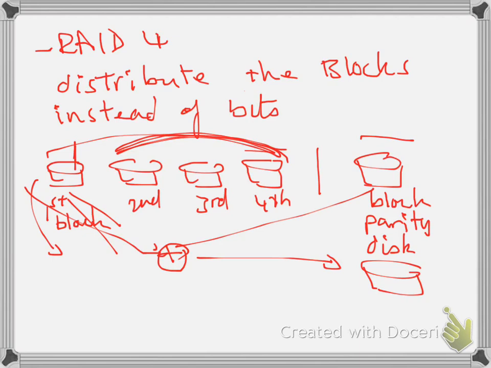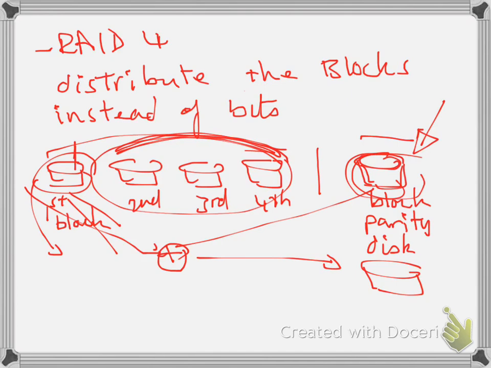Then they said, okay, that's fine, but the problem that we are facing right now is this. You just said that I can calculate the parity for this one just by this and the new disk, and I don't need that. However, you said that you always take this disk as the parity.